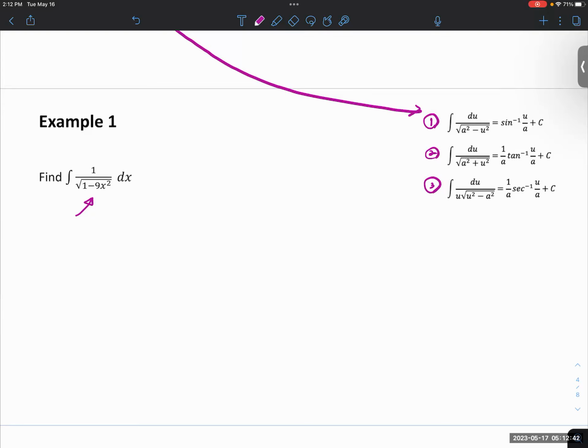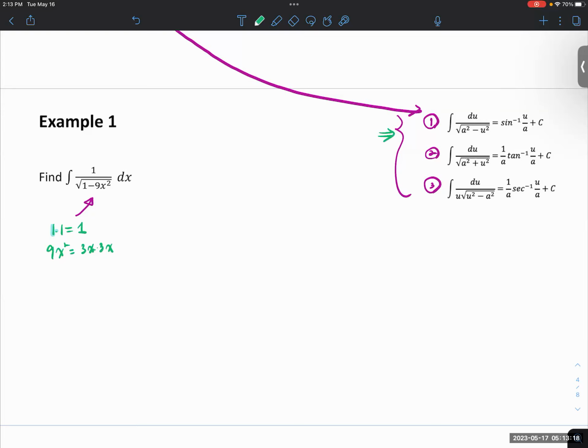But here in 1.7, we are going to use the following technique. Take a look at the denominator, 1 minus 9x second power. 1 is 1 times 1, a perfect square number. 9x squared looks like 3x times 3x. You're multiplying the same number twice, so it is also a perfect square number. So I might be able to utilize one of the techniques that I showed you here.